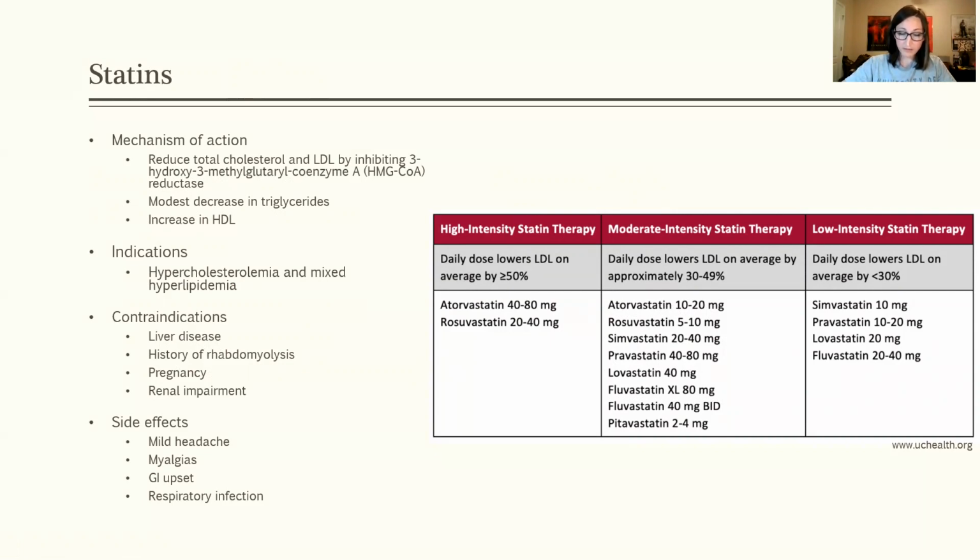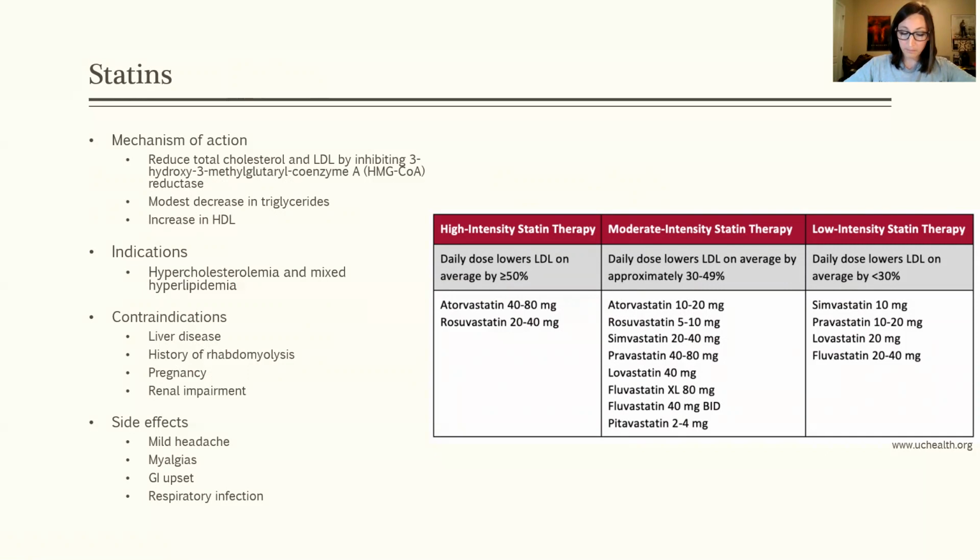And just to give you an idea, with statins, based on which medication you try, you typically get a range of 25 to 63% decrease in the LDL. You get a 12 to 43% decrease in your triglycerides and an 8 to 17% increase in HDL cholesterol.